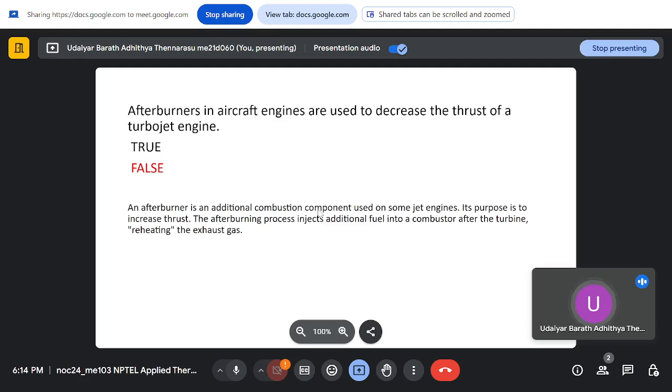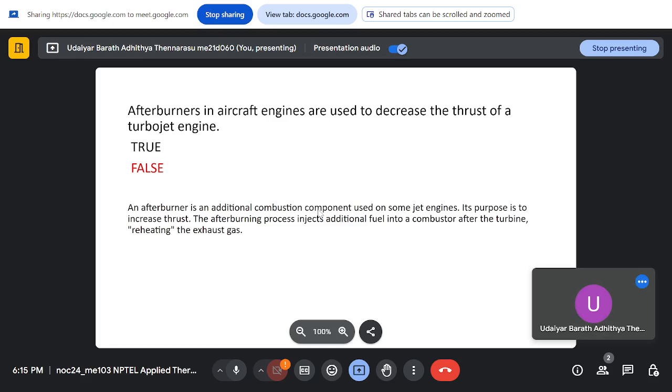So we see an afterburner is an additional combustion component used on some jet engines, its purpose is to increase thrust. The afterburning process injects additional fuel into the combustion after the turbine, reheating the exhaust gas. So you are increasing the energy of the fuel after the expander. So you are reheating the fuel, and this is mainly done to increase the thrust.